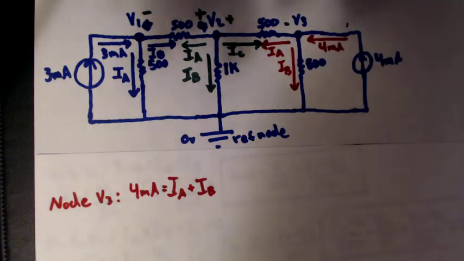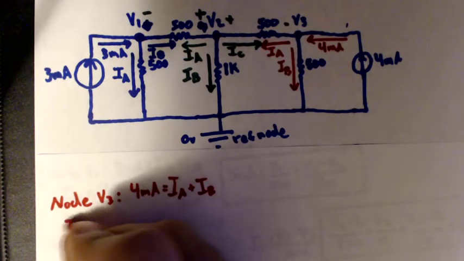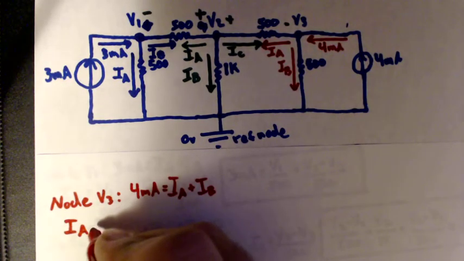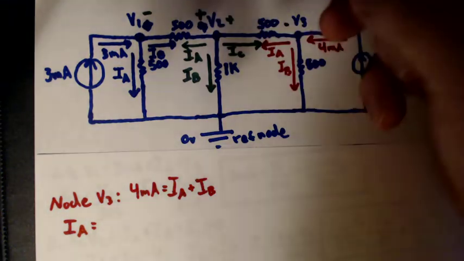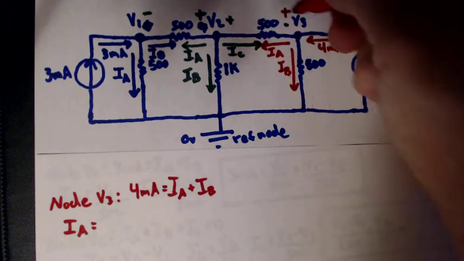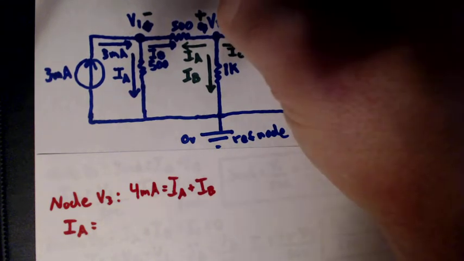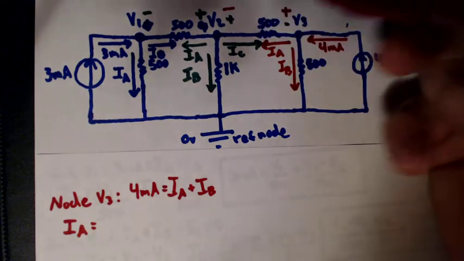Okay, now I need to go ahead and define what IA and IB is in terms of our voltages and our resistances. So over here, I'll go ahead and say what IA is. Same thing as before, IA, we picked it to go to the left. So we are working off the assumption V3 is larger than V2, right? Current always goes from a higher voltage to a lower voltage.